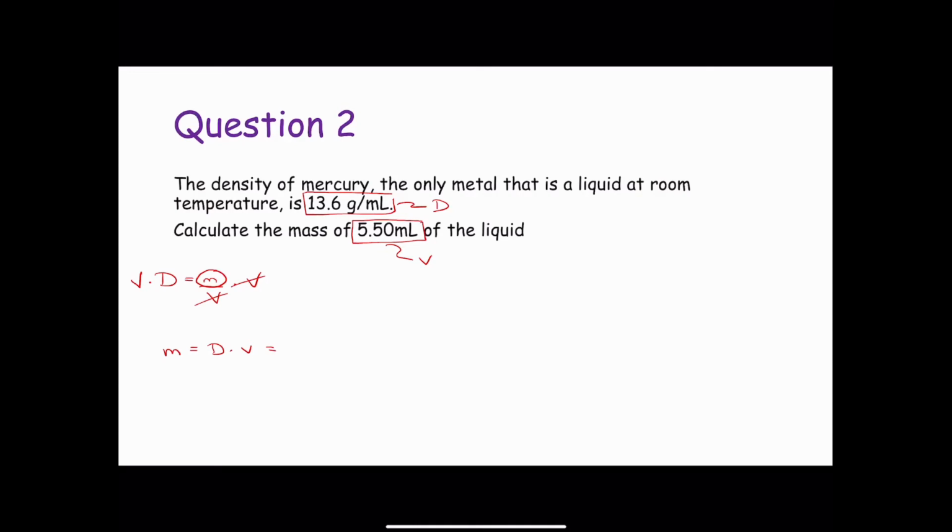So let's plug in our density, which is 13.6 grams per milliliter, and we're going to multiply that by the volume, 5.50 milliliters. And look, our milliliters cancel out, and we're left with grams, 74.8 grams. So there you go. That's the mass of the mercury.